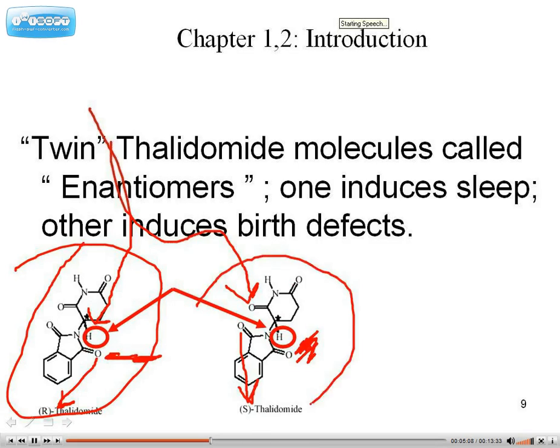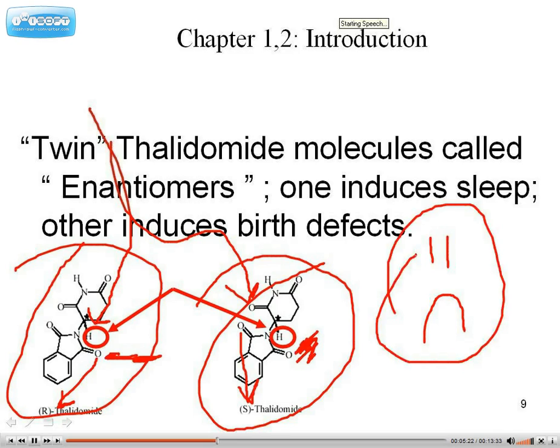If you had S-thalidomide, then S-thalidomide would actually inhibit the growth of new blood vessels, such as in the limbs of growing babies, and babies would be born without arms and legs. Pretty sad. But organic and biochemistry was used to crack this dilemma.